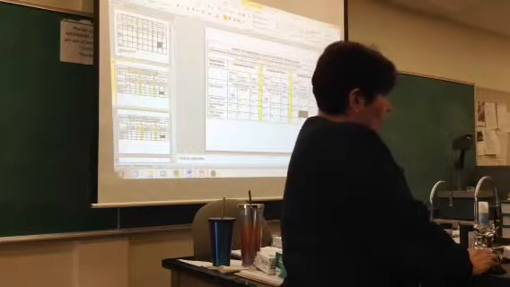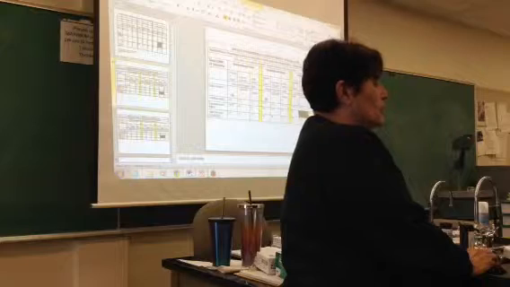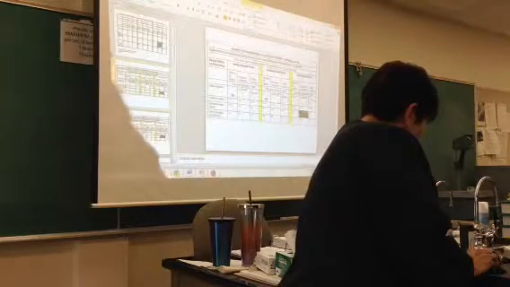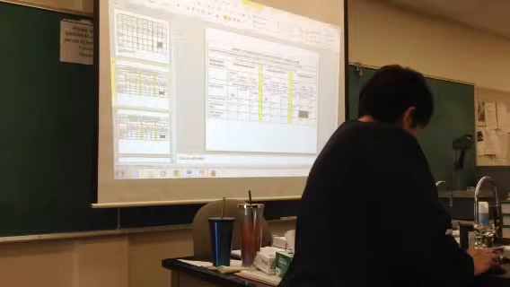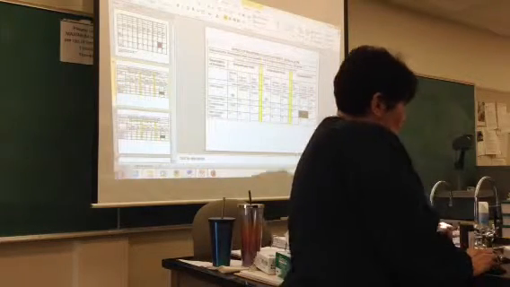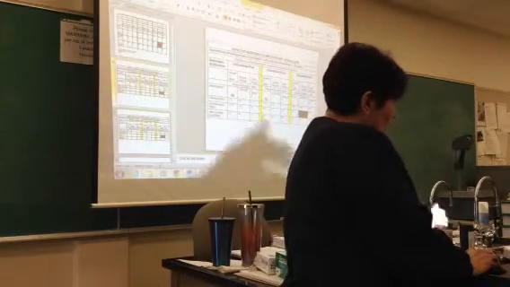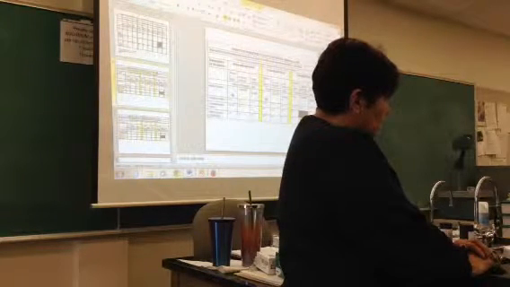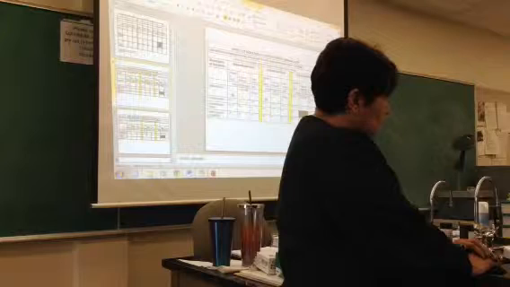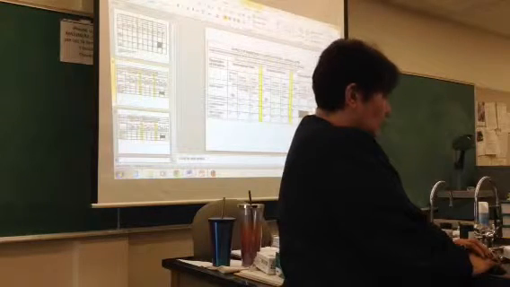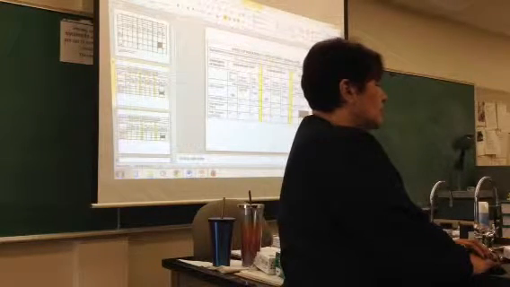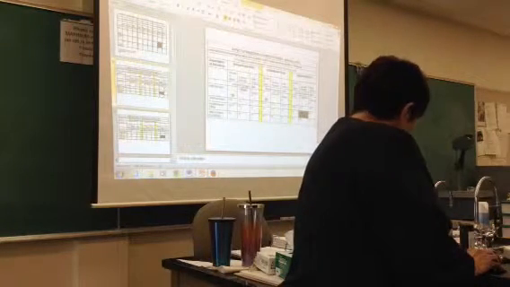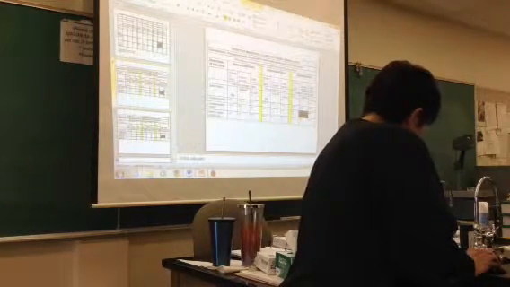So, how many volumes do you now have after you drank 0.3 liters? 15.3. What's the concentration? 290.59. It's what you began with, okay? Because you didn't change it here.